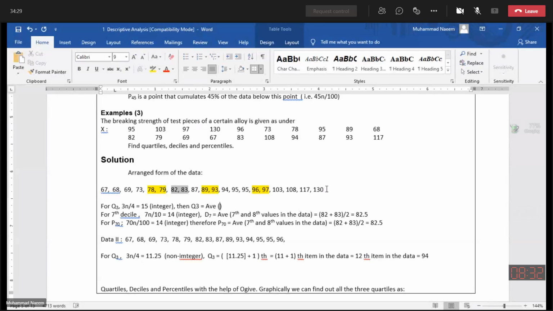The average of the 15th and 16th values or items in the data. Trace out those values: 1, 2, 3, 4, 5, 6, 7, 8, 9, 10, 11, 12, 13, 14, 15 and 16, these two. So find their average.